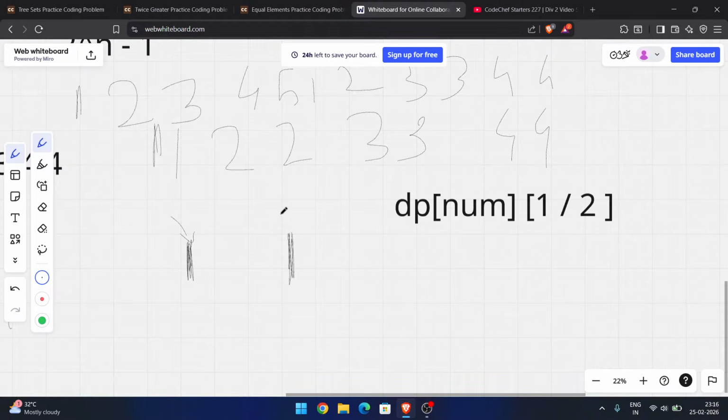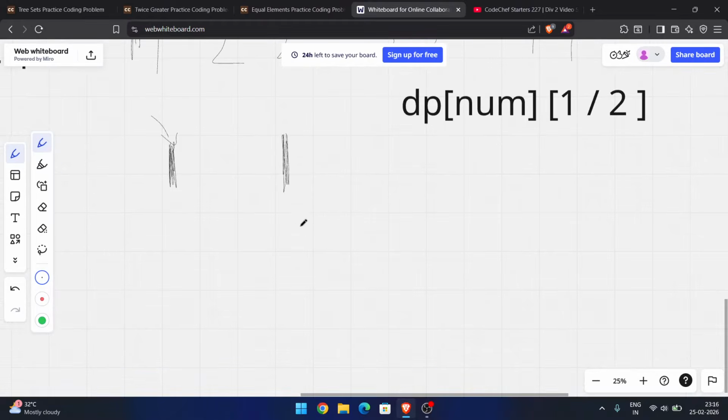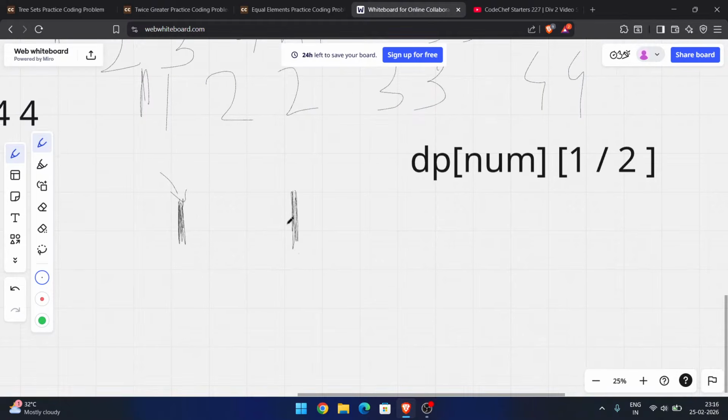Suppose we are at this one. If I want to include this in our answer, what are the two cases by which I can include it? The first case is, let's say there was an array of 1 1 2 2 before this, so I can simply append this one here.